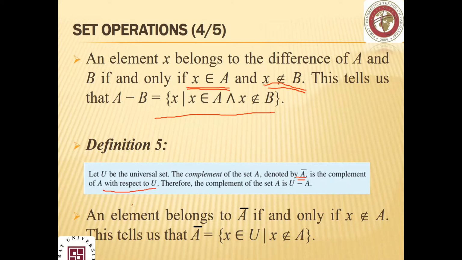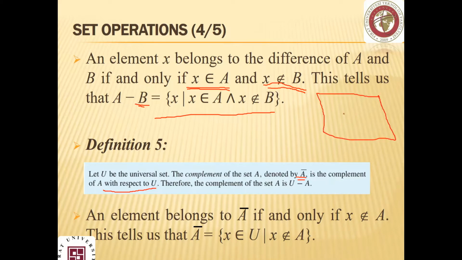Why? Because this is the default case. The default case, we just say A bar. But if you are saying the difference between A and B, that is not the default case. It's just an exception like this case, because we don't know if B is a universal set or not. But if you are considering the universal set, that's the default case, and you just say A bar directly, meaning the elements that are not in A and elsewhere in the universal set.